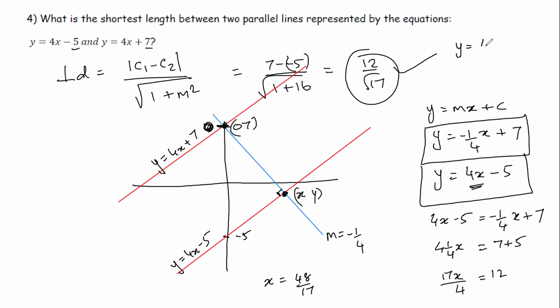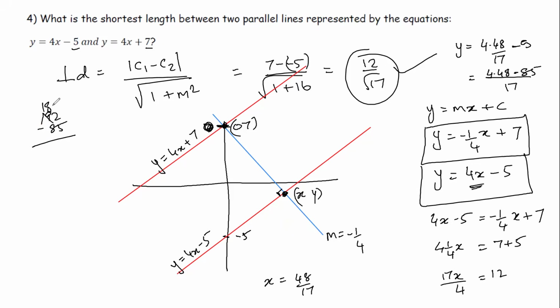Once I get x is equal to 48 by 17, I'll get the value of y. y is 4 into 48 by 17, correct? And minus 5, correct? So therefore it is 4 into 48 minus 85 over 17. Now 4 into 48 is 192, minus 85.